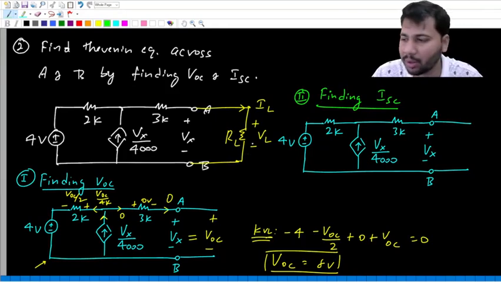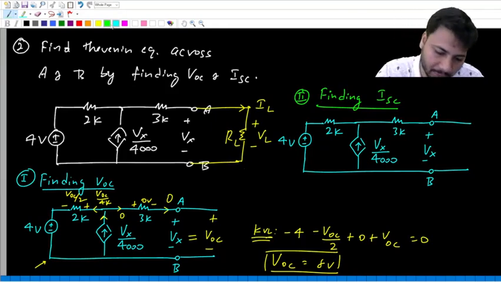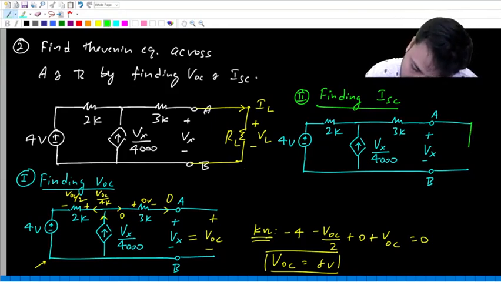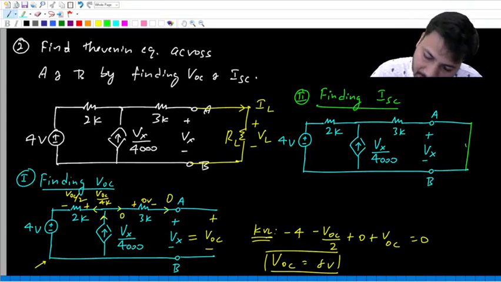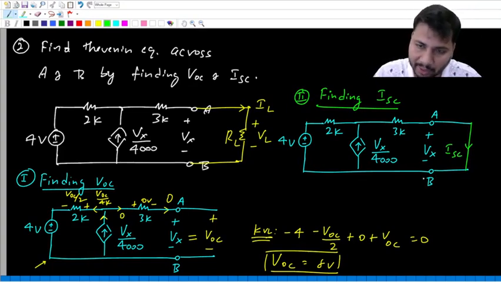So this time the load should be replaced with a short circuit. Yes. So look at this. The load has been replaced with a short circuit, and whatever current flows in the short circuit, that is ISC.